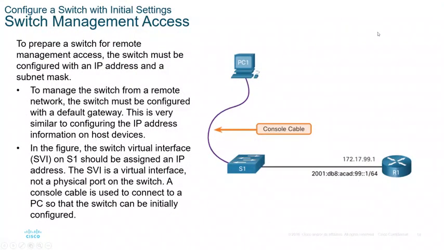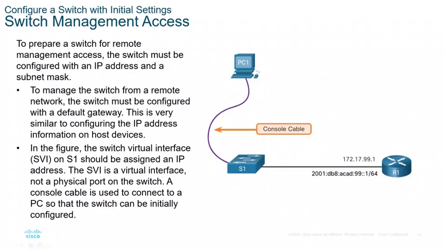A couple of things to note when we're managing our switches and our devices. Typically, how we configure and work on our devices, at least for the initial setup, is through what's known as a console cable. So remember, a switch cannot have an IP address on any of its physical interfaces.